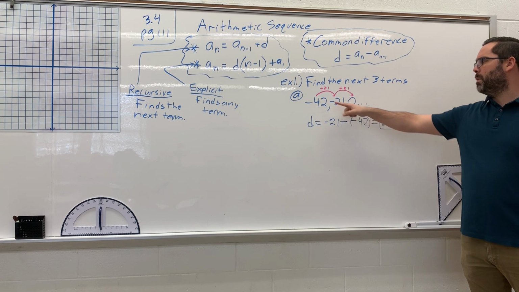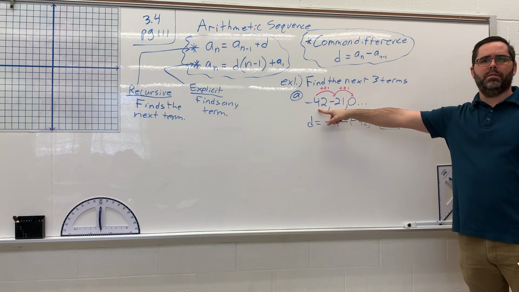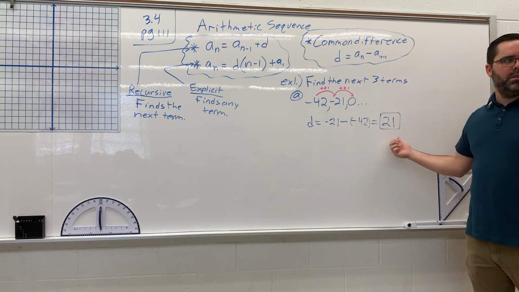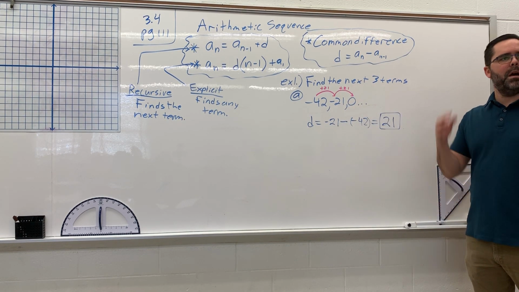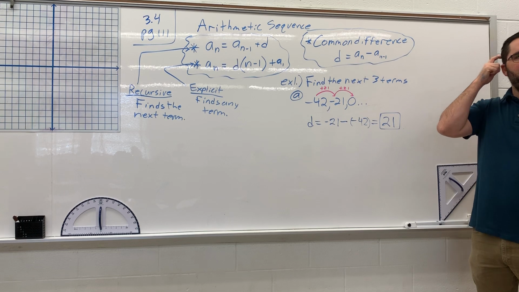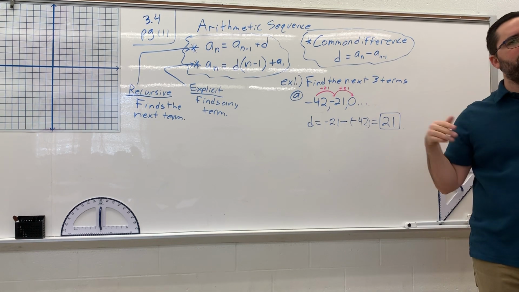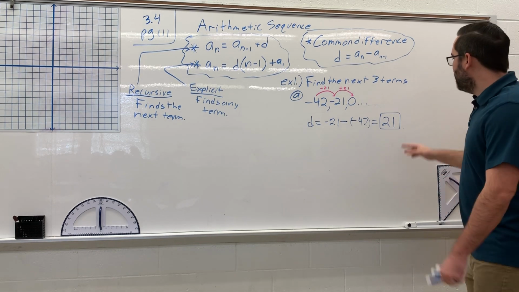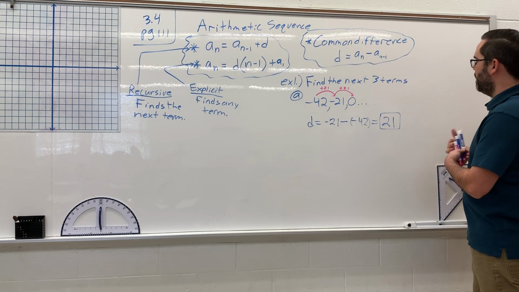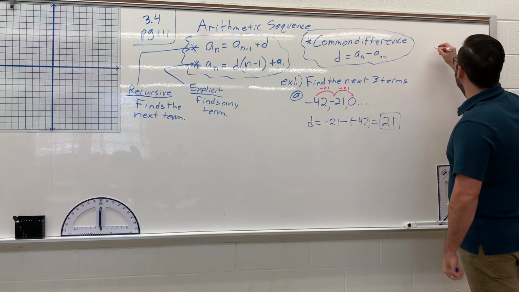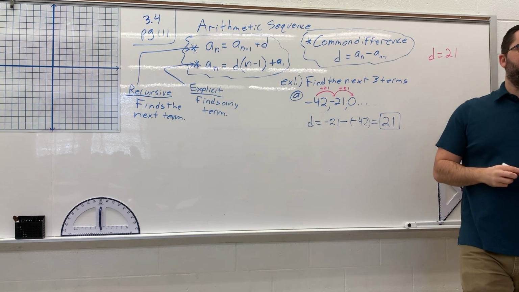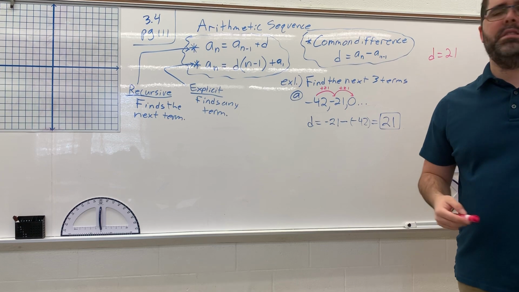What is negative 21 minus negative 42? 21. What's 0 minus negative 21? 21. All of them will give me the same common difference. And this is a linear pattern, which means that it's going to continue this way forever. Okay, we need this. So we know that D is 21. D is for difference, common difference. It means the same subtraction each time.